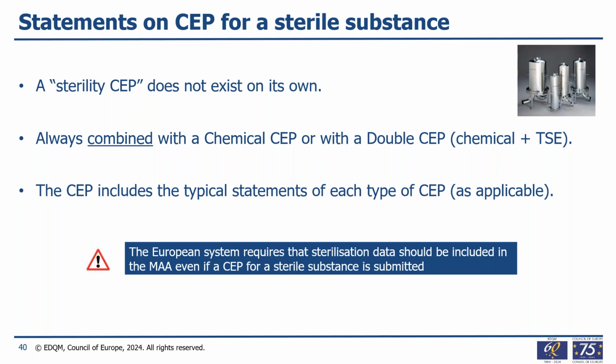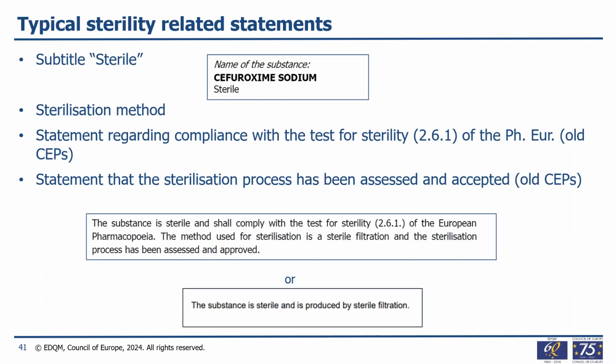The European system requires that sterilization data should be included in the marketing authorization application, even if a CEP for a sterile substance is submitted. So in any case, the data on sterilization should be included in the marketing authorization application for the finished product.